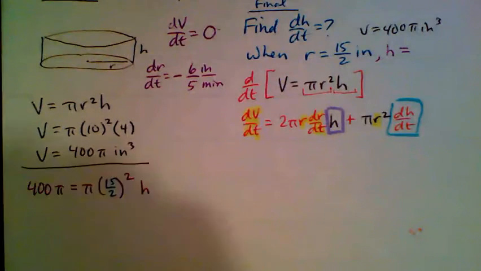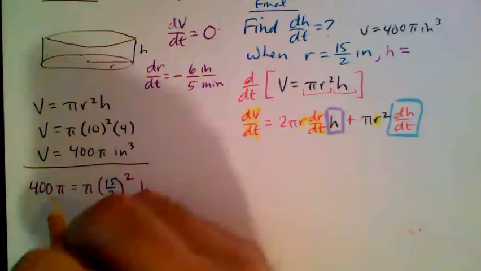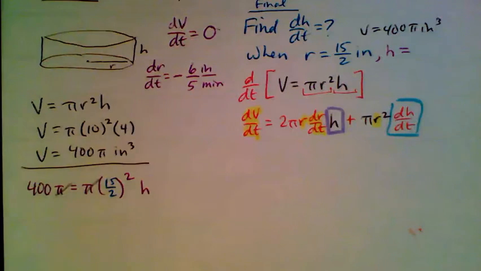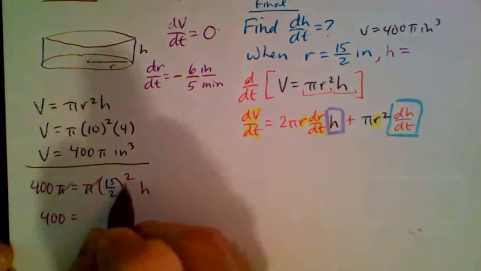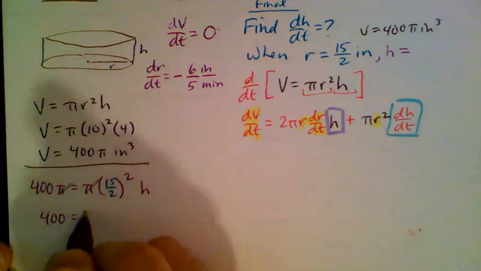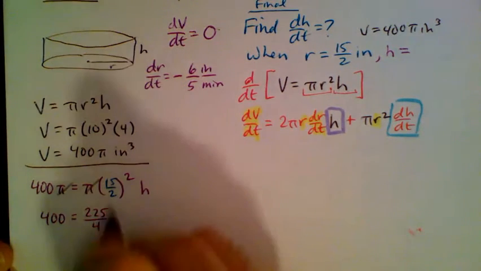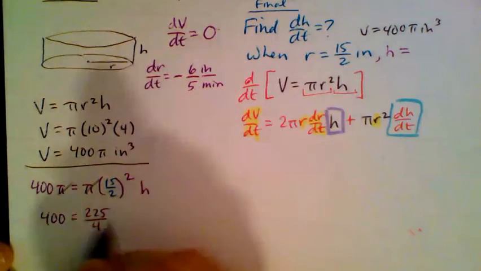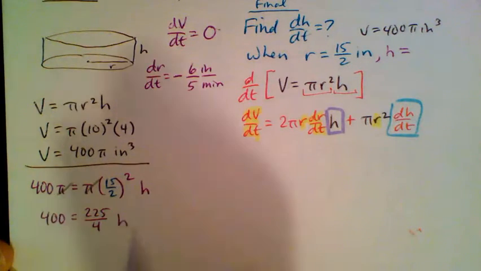Then just doing some arithmetic, actually, we can simplify something here because let's divide both sides by pi. If we divide both sides by pi, then we've got 400 equals 15 squared, 225 over 4. Feel free to use a calculator to figure out that that's 225 times h.